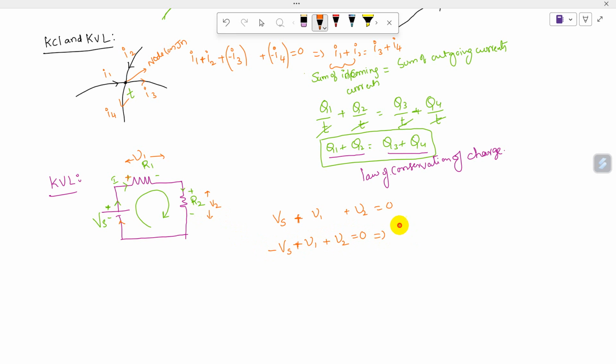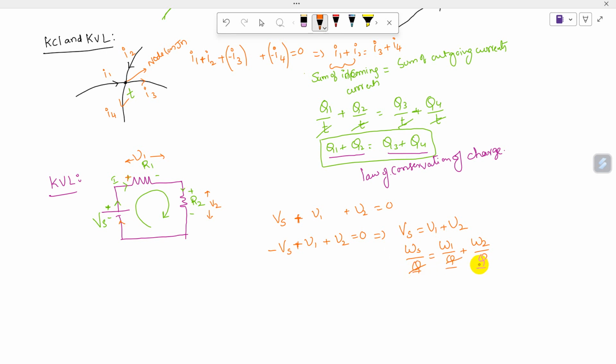So from this I can write Vs is equal to V1 plus V2, and as per the definition of potential, this is the work done per unit charge. So I can write Ws by Q, and here this is W1 by Q and this is W2 by Q. Again Q is the same because it is work done per unit charge.